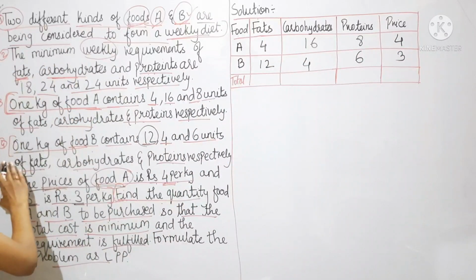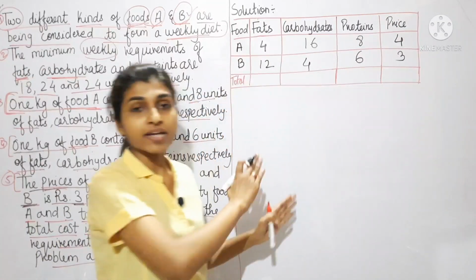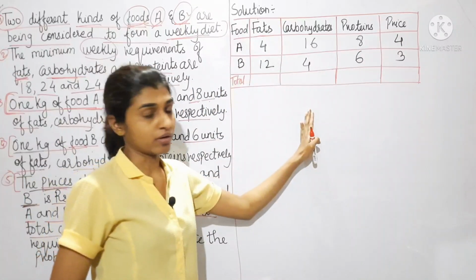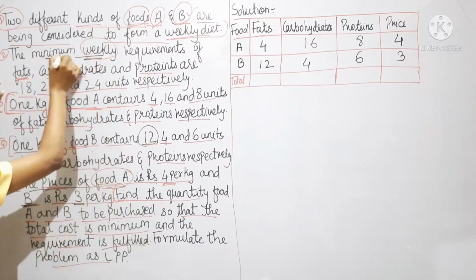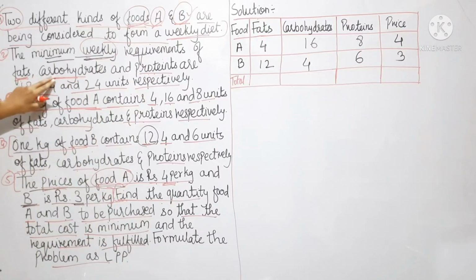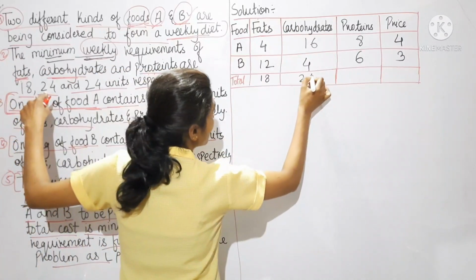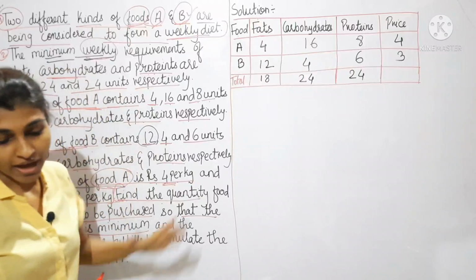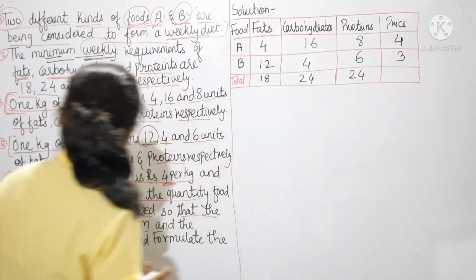So I have put all the contents, the numbers for fats, carbohydrates, proteins and price, in the form of a table. Now the minimum weekly requirement of fats, carbohydrates and protein is how much? We require 18 for fats, 24 for carbohydrates and 24 units of protein. So I have put all the values, all the numbers, in the table. Now next, what is there?